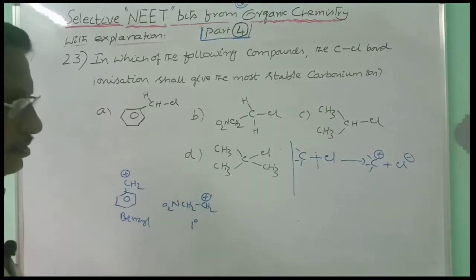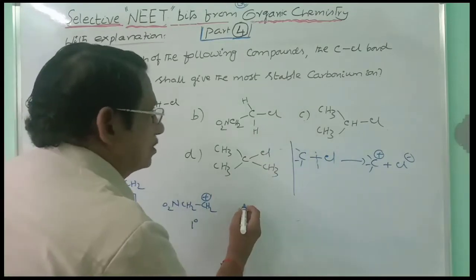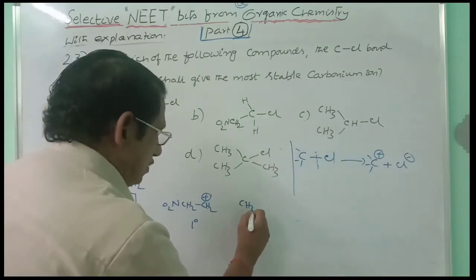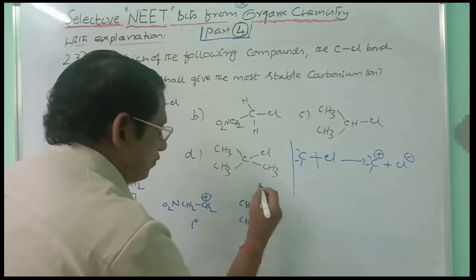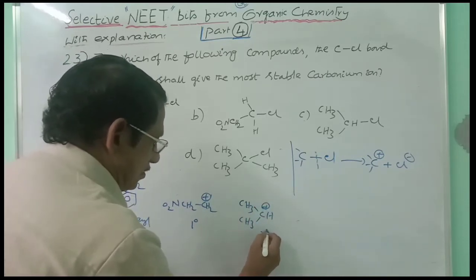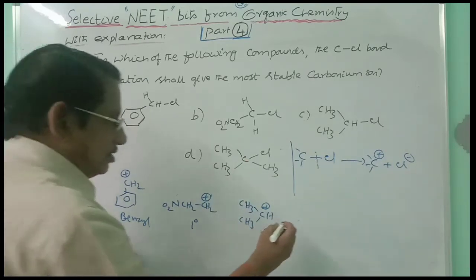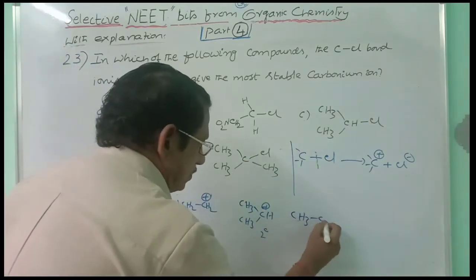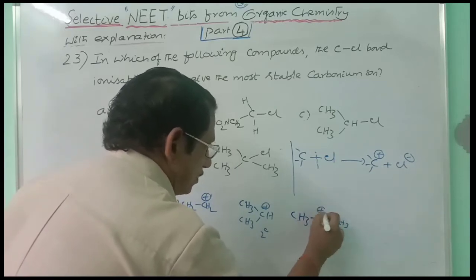And this is the benzyl carbocation, aromatic alkyl. The third one is CH3, CH plus. This is a secondary carbocation. And the last one, if you take the tertiary butyl carbocation, CH3, CH3 like this. This is the tertiary butyl carbocation.